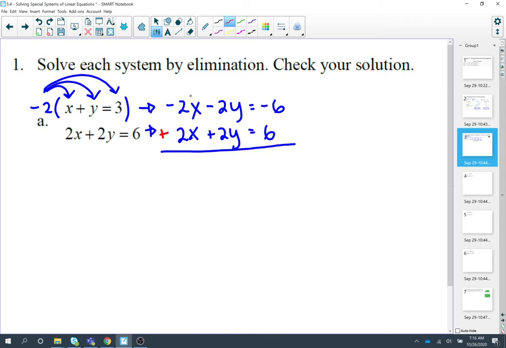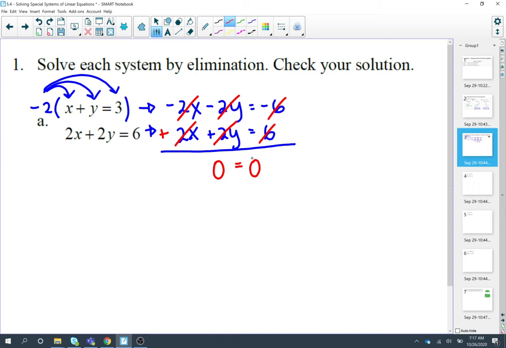Now, when we add, a negative 2x plus a 2x is 0x. A negative 2y plus a 2y is 0y. So right now I'm sitting with a complete 0 on the left equals negative 6 plus 6 is 0 on the right. Well, I'm looking at that statement and all of my variables are gone.